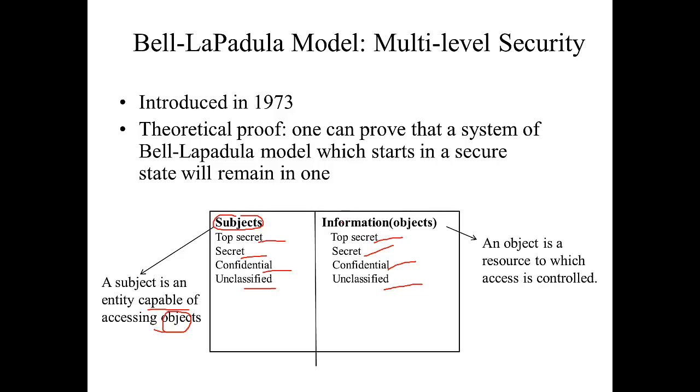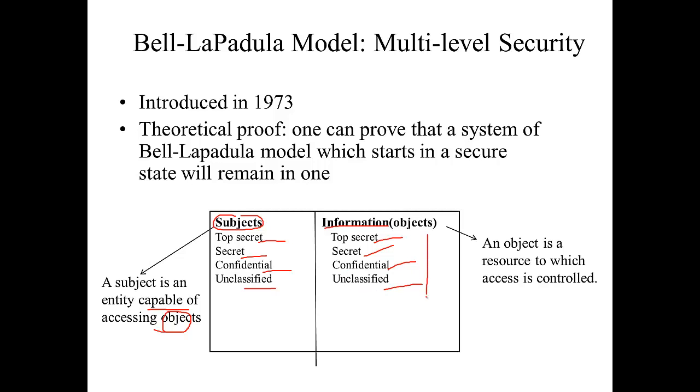For the information, we don't use the word information here. We use the specific term objects because the information is saved in the objects. So we classify the objects the subject can access as top secret objects, secret objects, confidential objects, and unclassified objects.